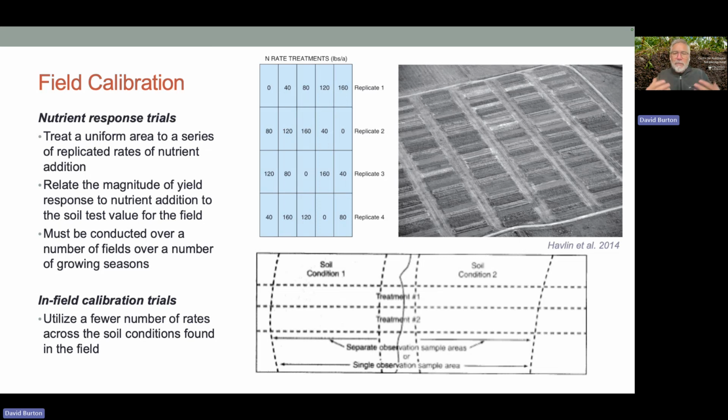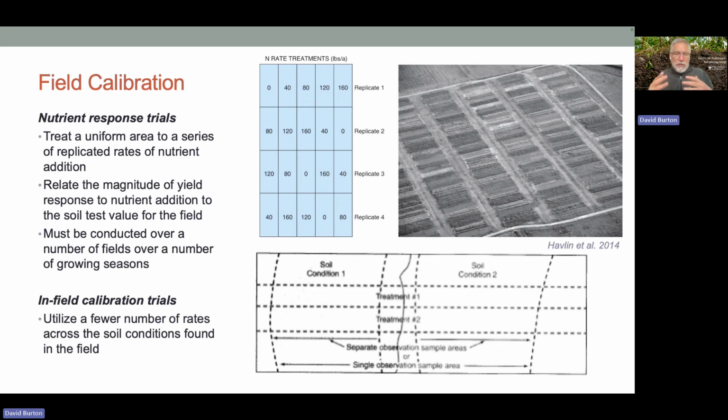And we'll calibrate within our own field whether that additional nutrient application resulted in additional yield, or most importantly, whether that was an economically justified addition of fertilizer. In other words, did the fertilizer generate sufficient additional yield to pay for itself? And increasingly producers are doing these trials on a regular basis to try to fine tune and calibrate their soil test values to their crop response, to understand how that relates to their own field.